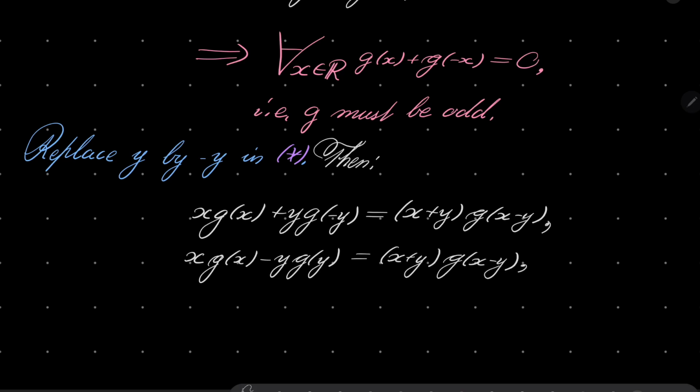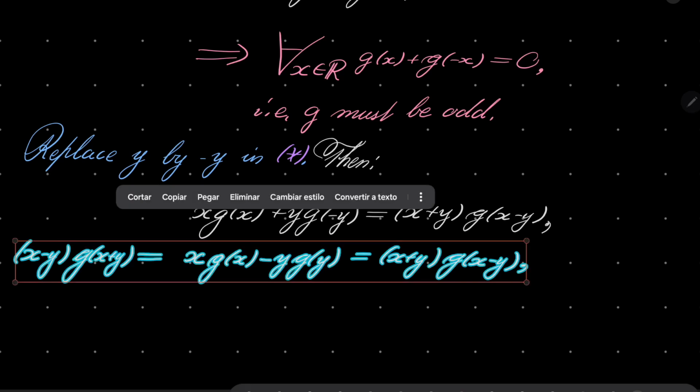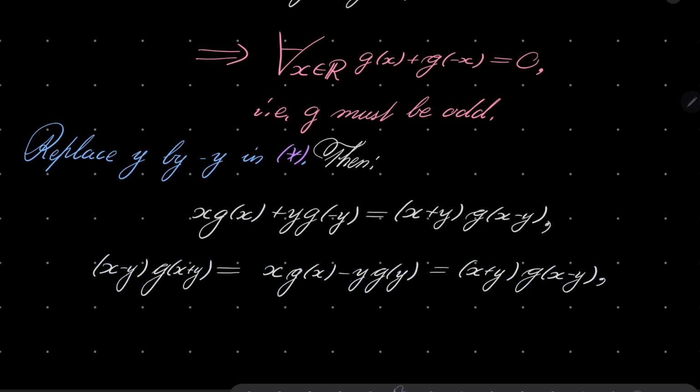Also remember that this part right here, again by our condition asterisk, is exactly the same as (x minus y) g of x plus y. This equality is by condition asterisk once again.